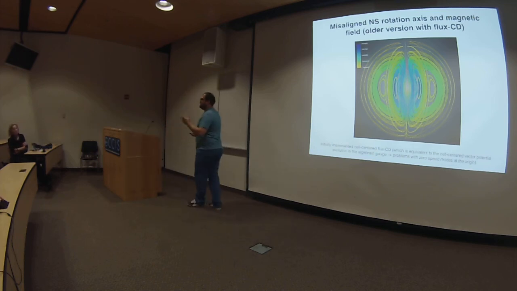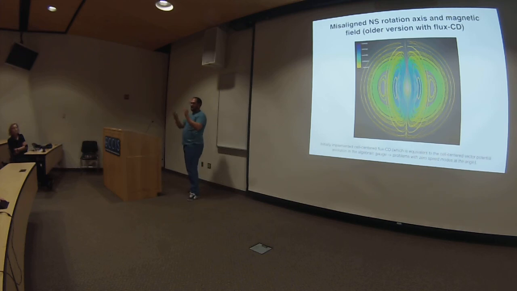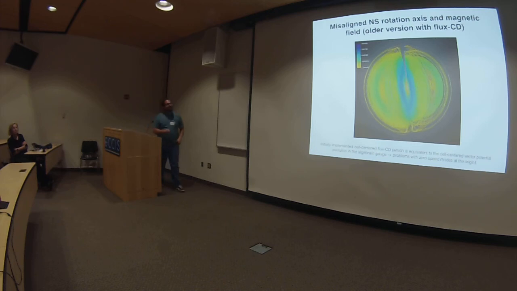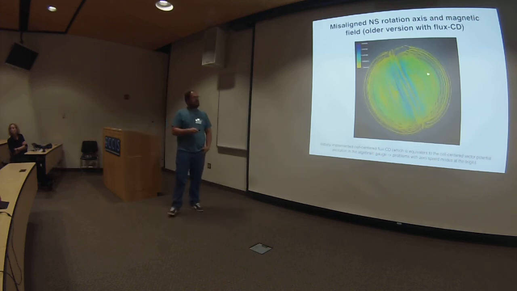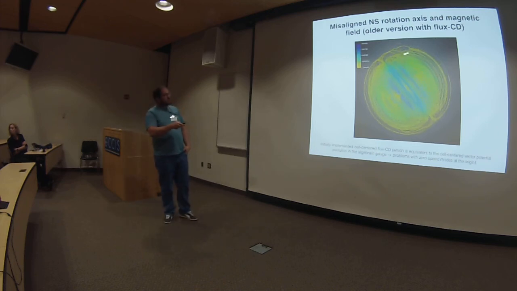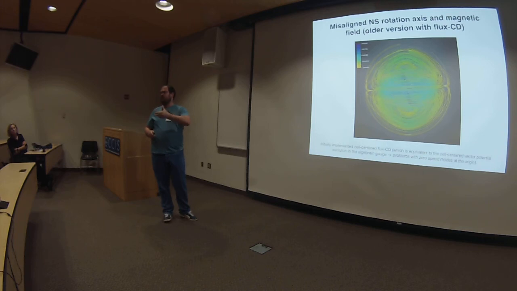That was to test something that is not like a toy model test, but something physical where we could see that we can have full 3D simulations. So you can see those are the magnetic field lines during the evolution. You see that the magnetic field is passed around as the star rotates through the axis and drags the field with it.